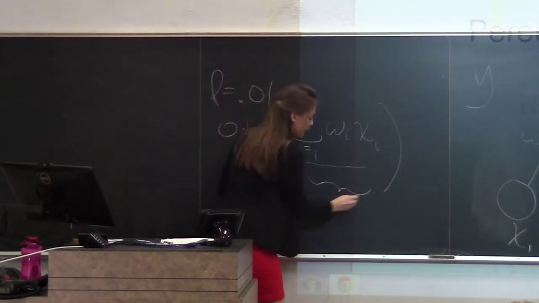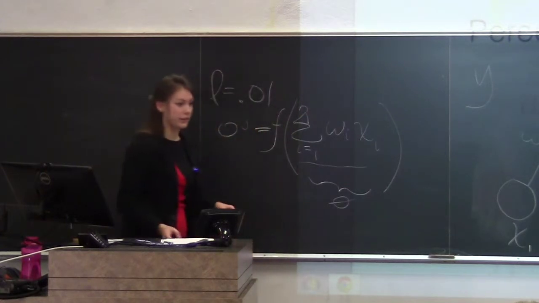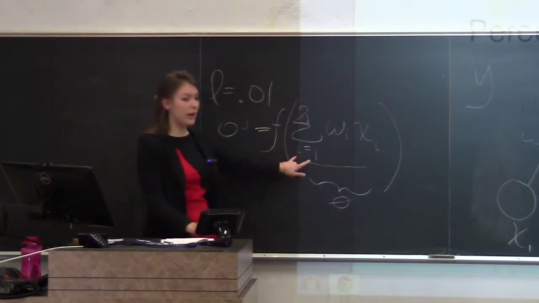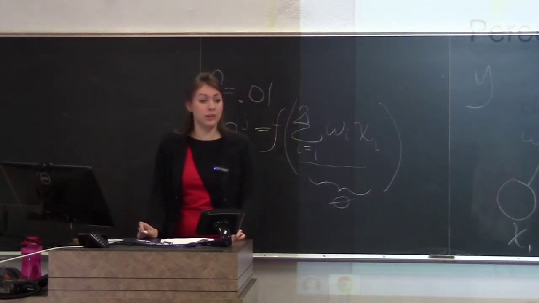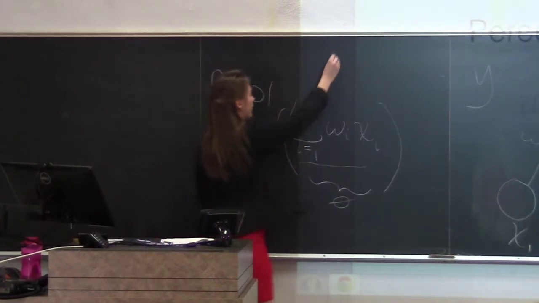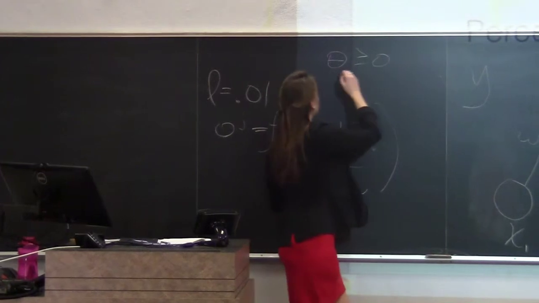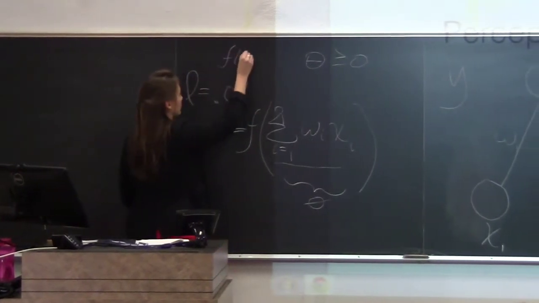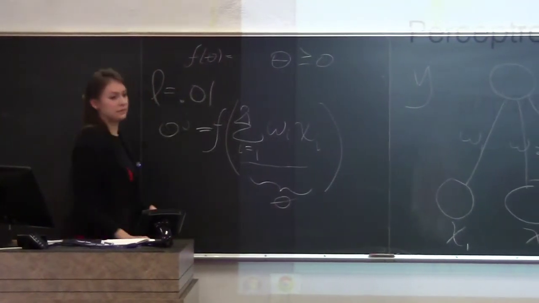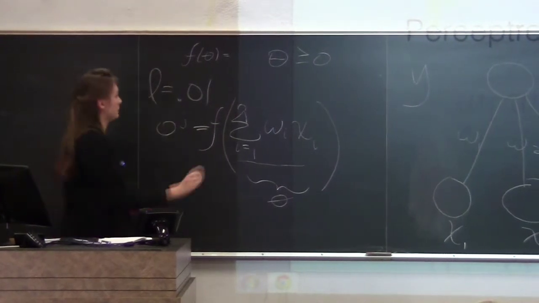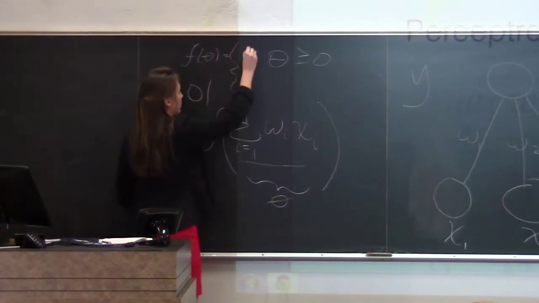For ease of notation, we can call that quantity theta for now, all right? So if that weighted sum of inputs is non-negative, so if theta is greater than or equal to 0, f of theta equals what? 1.